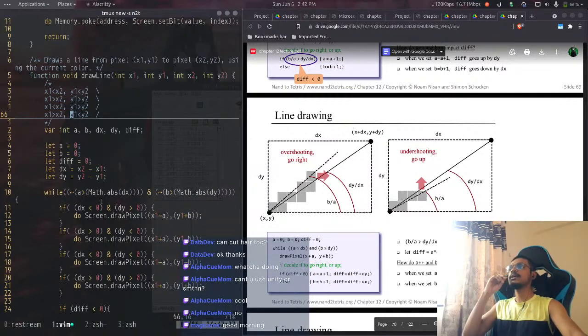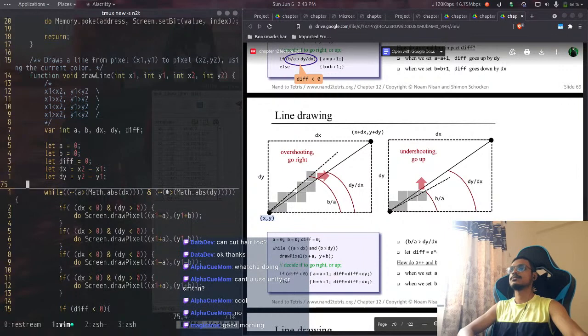Why do we need A and B? See, we need A and B because A and B will be how far away from this initial point the other point should be, where we should place a pixel. Right? So if x1 is here, x1 plus A is, let's say, here, where x is increasing. That is the distance.